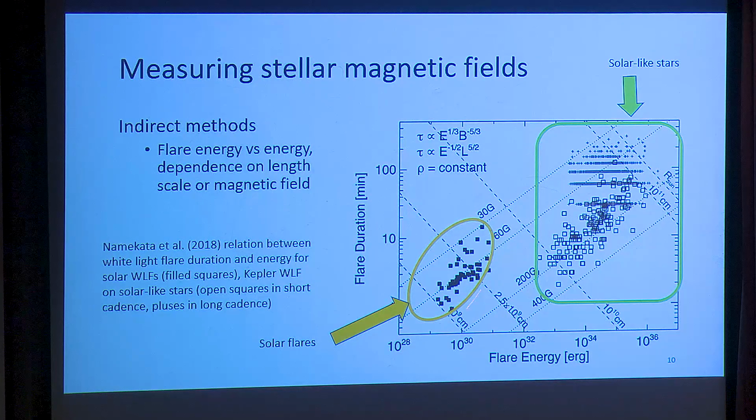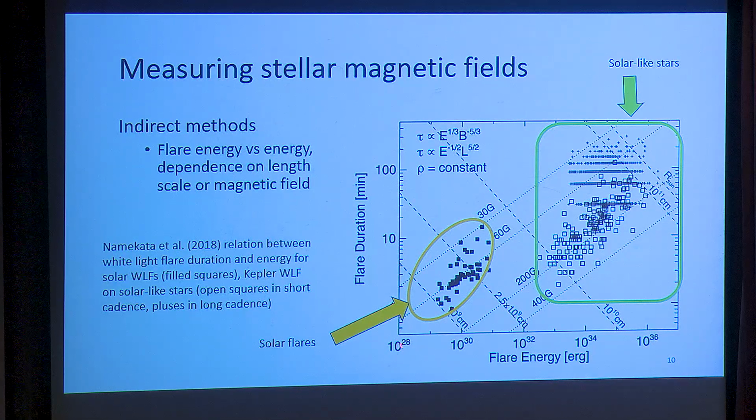These are white light solar flares, and these are sun-like stars as observed with the Kepler Space Telescope, either in very long, like 30-minute cadence or 1-minute cadence. And these lines tell you where you are in magnetic field space. So you can use this to get a sense of what the magnetic field strengths are in the flaring plasma.